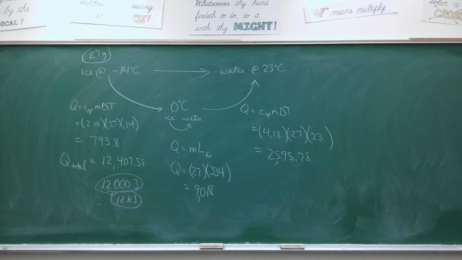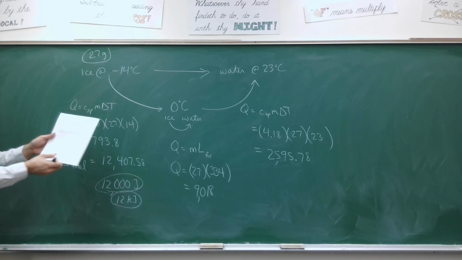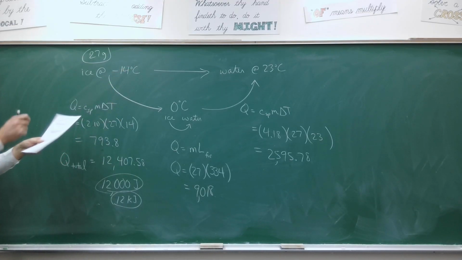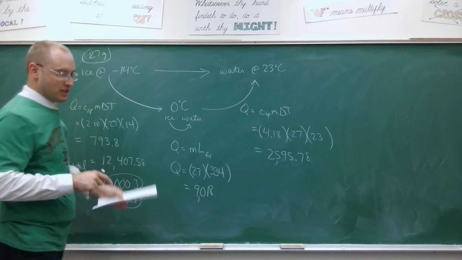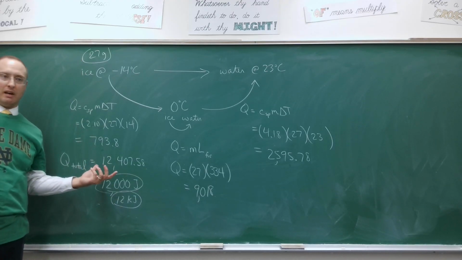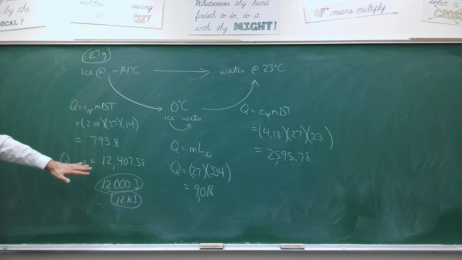Question, Olivia? Would we go by the sig figs in the addition? Well, sig figs in the original, because technically, if we were going along, we would round to 2 sig figs everywhere. We just go back to the original problem, because when we say it's a 27 gram ice cube, is that exactly 27? It's probably a best guess of 27, right? So that's where we're going to have to round. Around 12,000 joules gives us our rough answer.